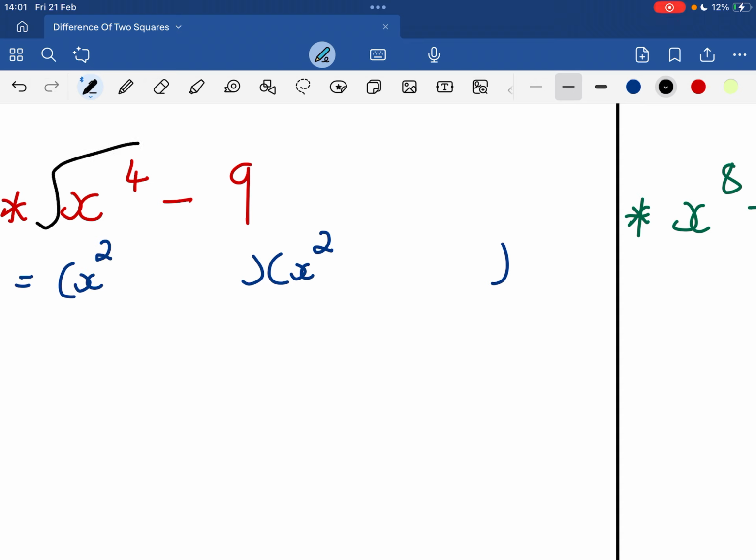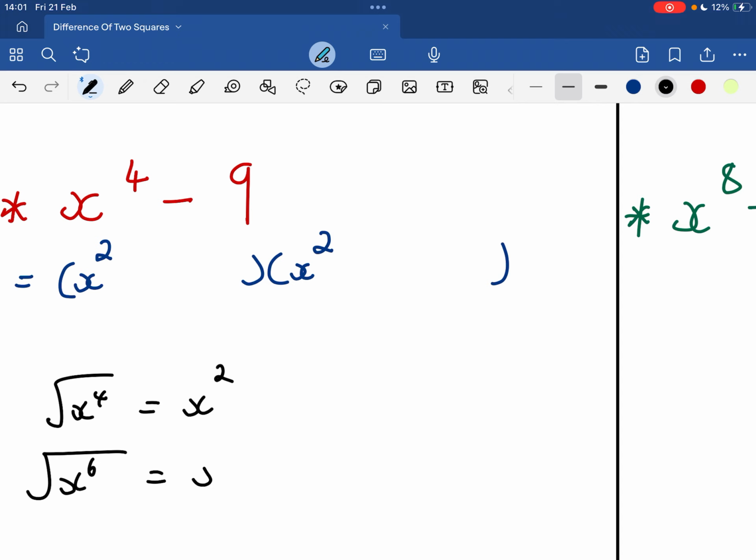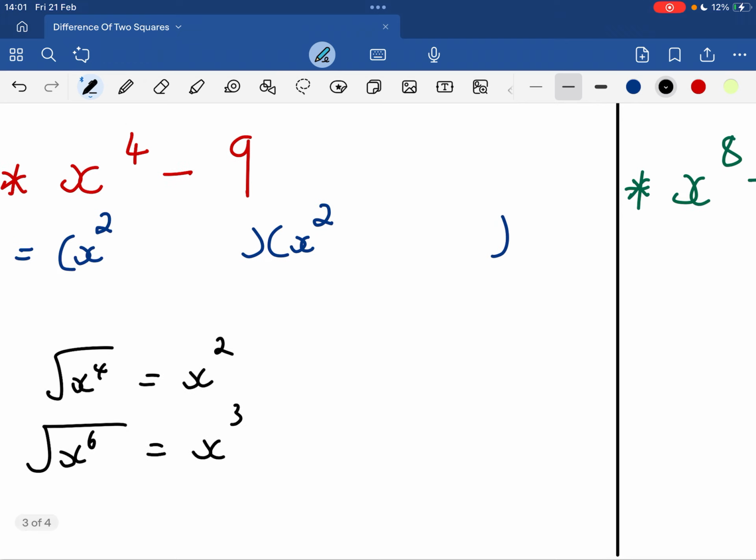So the square root of x to the 4 is just x squared. The square root of x to the 6 is just x to the 3. And the square root of x to the 10 is just x to the 5. The square root of 9 is 3, so we put 3 here and 3 there, put a plus, and we put a minus.